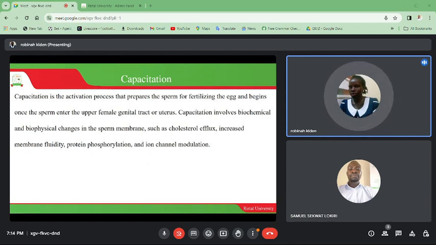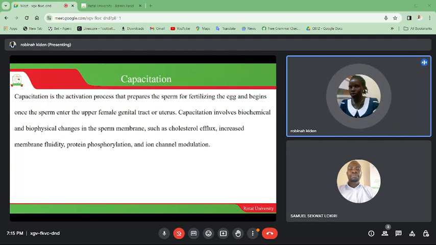So capacitation involves biochemical and biophysical changes in the sperm membrane, such as cholesterol efflux, increased membrane fluidity, protein phosphorylation, and ion channel modulation.